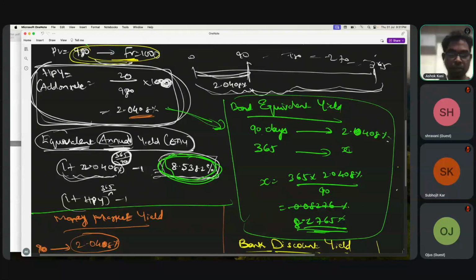Is it fine till here? Certain equivalent annual yield and bond equivalent yield, we are taking 365 days in both. So what exactly is the difference other than the formula? The difference is that equivalent annual yield is compounding and bond equivalent yield is not compounding. That is the difference. So here compounding, here no compounding.